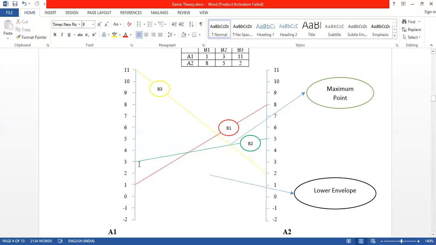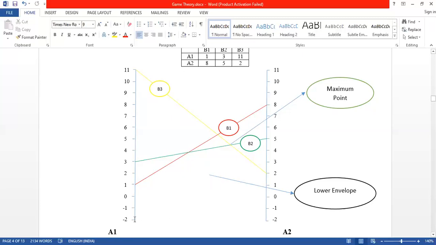So if vertical lines are for profit making companies, then we need to come to the bottom of the graph, right? See, in this graph, the bottom part is from this red line to this green line to this yellow line and this A2, right?